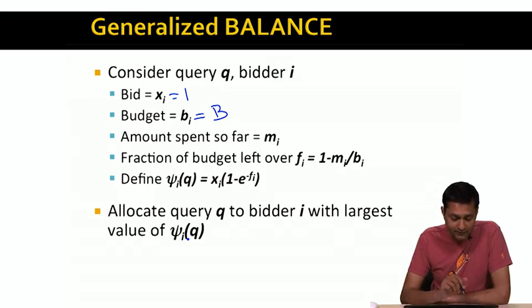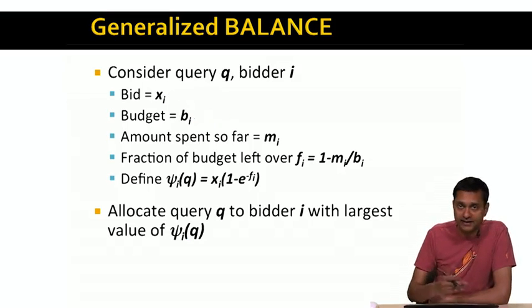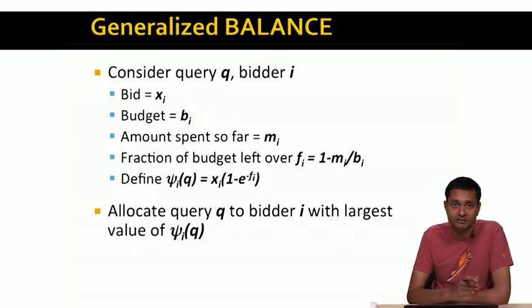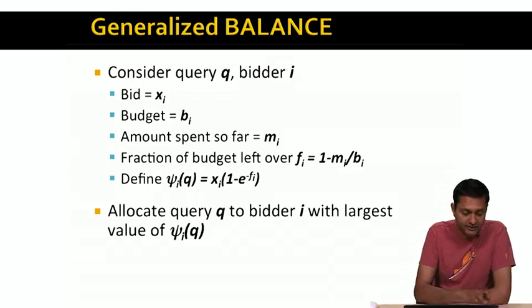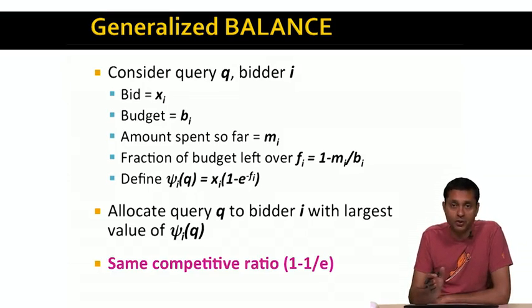Now, the generalized balance algorithm works in the general setting when the bids and the budgets of each advertiser are different, and in fact it achieves the same competitive ratio, 1 minus 1 over e, that the balance algorithm achieves in the simpler setting.